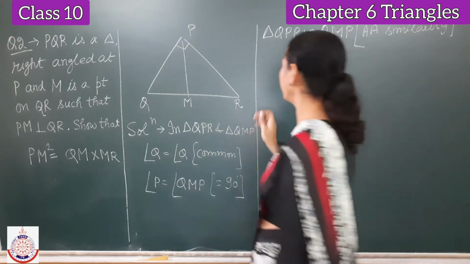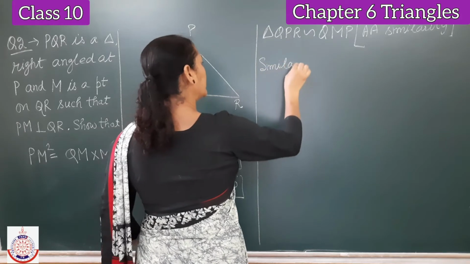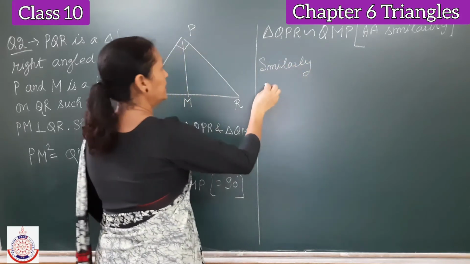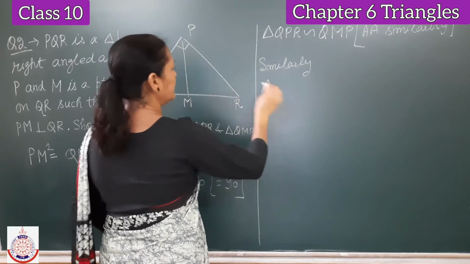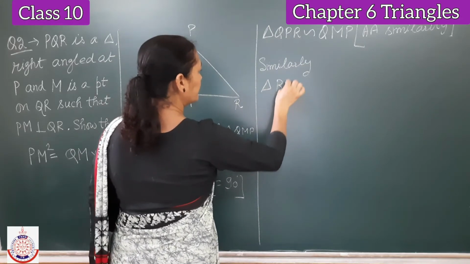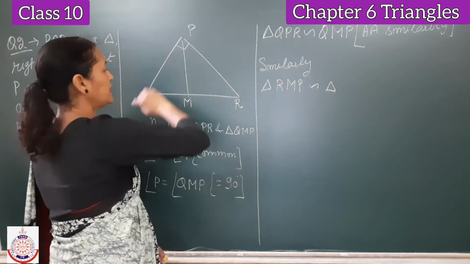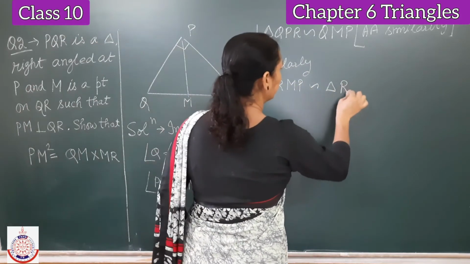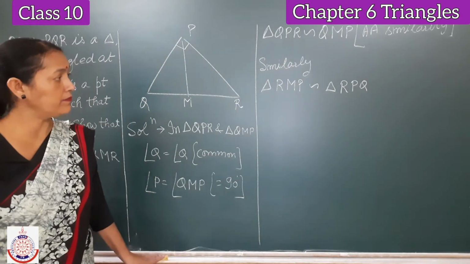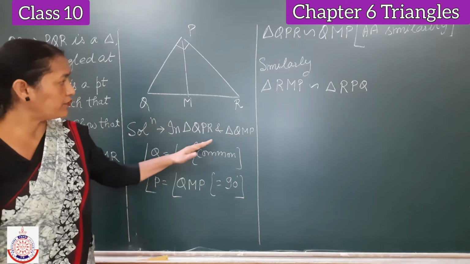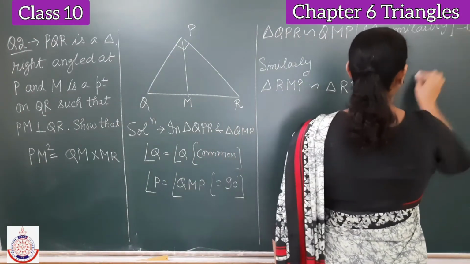Similarly, we can write triangle RMP will be similar to triangle RPQ, same by AA similarity rule. Let these be equation number 1 and equation number 2.